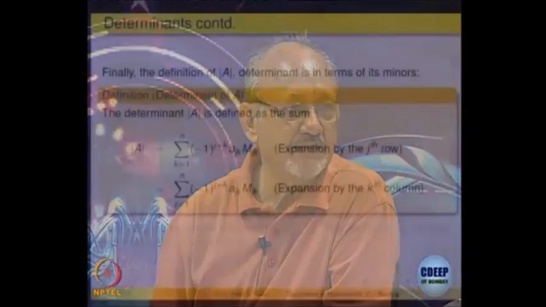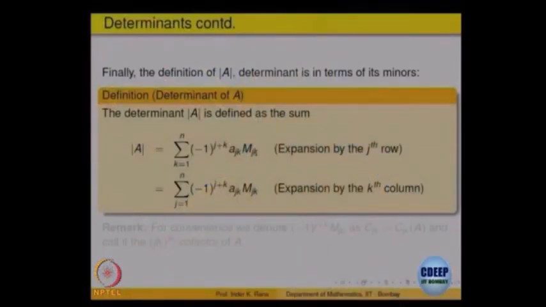So, this is a definition by expanding by the jth row. So, there could be n definitions. If there are n rows, you can expand by any one of the rows. You can also expand it by any one of the columns by a similar thing, by deleting appropriately, right.